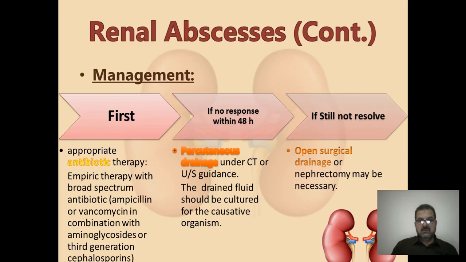First of all, supportive measures: IV fluids, IV antibiotics, get a urine sample for culture, and start empirical IV antibiotics. Second, if the abscess is small, the IV antibiotics will be enough for treating this infection.